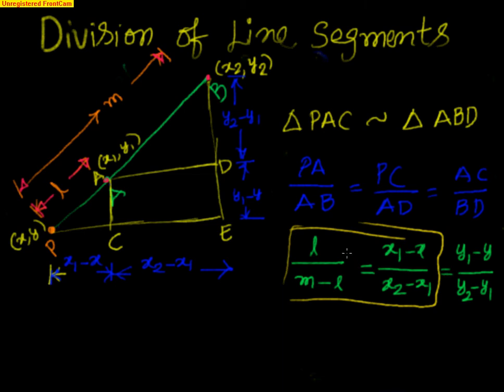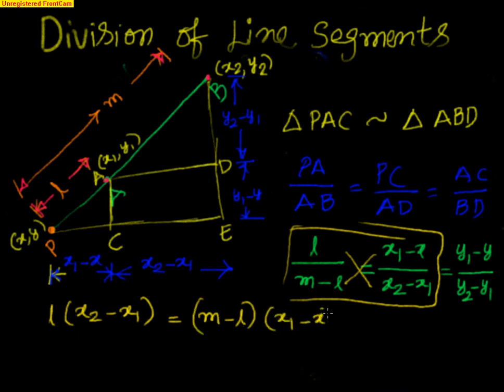Okay, now what is this? If I cross multiply, L into x2 minus x1 is equal to M minus L into x1 minus x, that's nothing but Lx2 minus Lx1 equal to, let me multiply this, M into x1 minus L into x1 minus of M minus L into x.